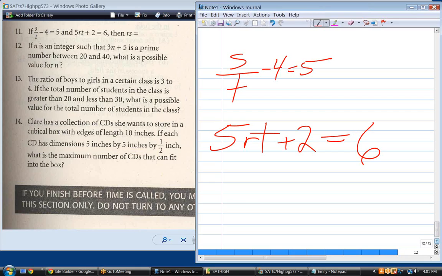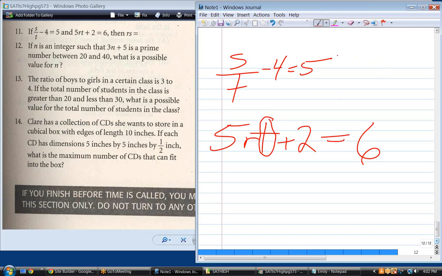We have T in both, so do we want to try to find T? Well, notice they're asking about RS. If we could change this T into an S, or a function of S, we probably can solve for RS directly. Okay, so how would we do that?